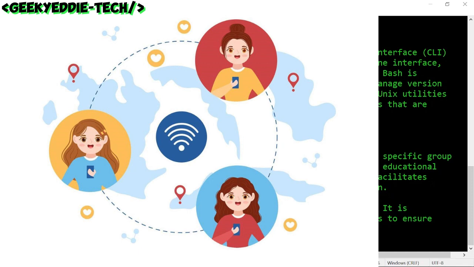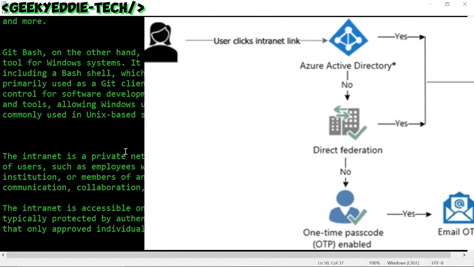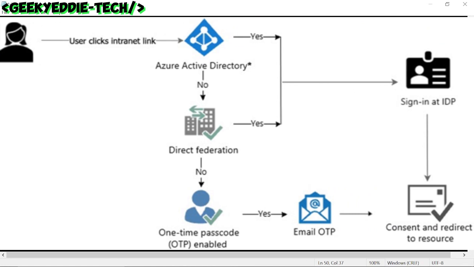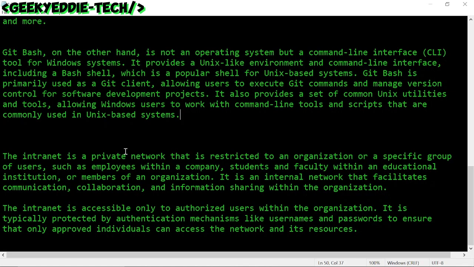The intranet is accessible only to authorized users within the organization. It is typically protected by authentication mechanisms like usernames and passwords to ensure that only approved individuals can get access to the network and its resources. Like you now, only an approved user can get access with your username and your password to be able to log in to your intranet. That is what this is basically telling us.